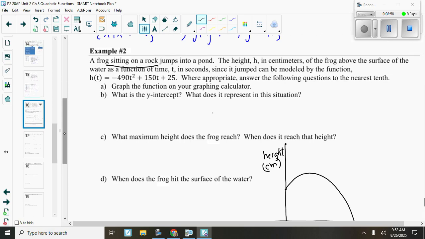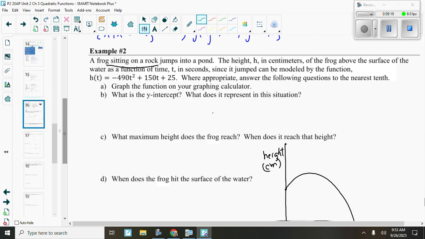A frog's sitting on a rock. Yes, it's part of the formula, but we also want to interpret how he started 25 centimeters above the water. He's sitting on the rock, which means the height of the rock is 25 centimeters, right? And that's where he's starting and then jumping from that.